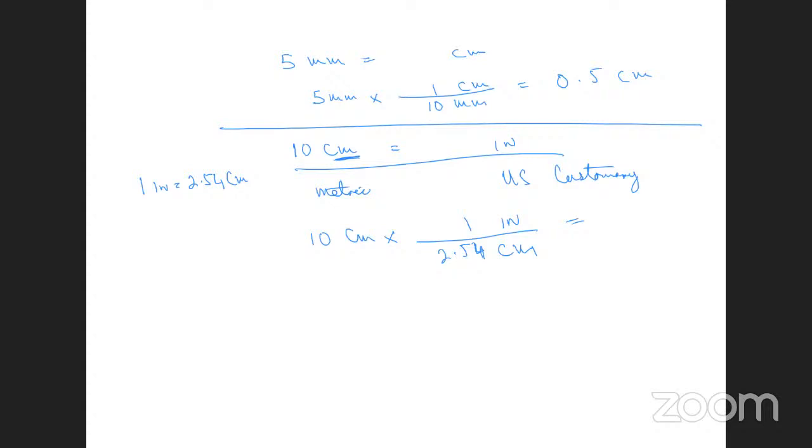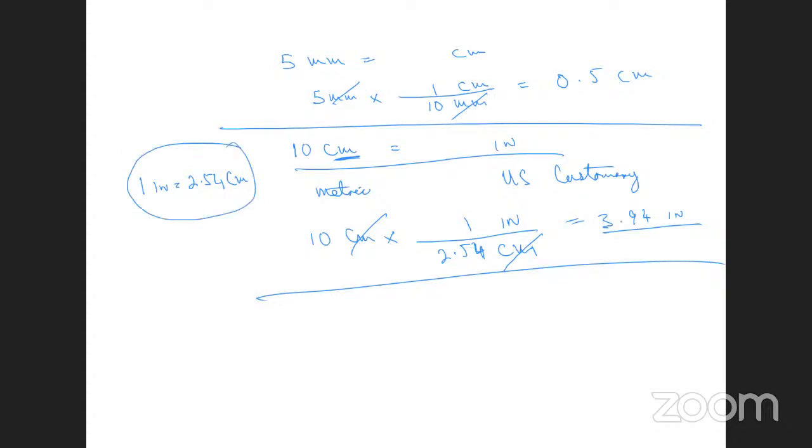So let me see. So I get 3.94 roughly in inches, because centimeters to centimeters cancels out. Here millimeters to millimeters cancel out like that. Okay. So as long as you're given the conversion, it's easier.